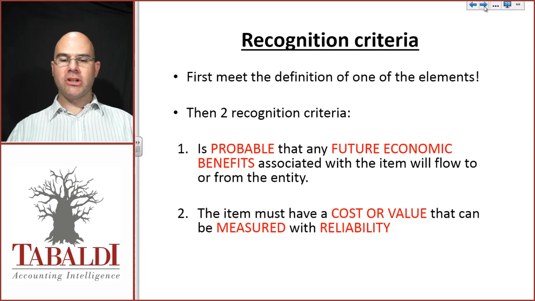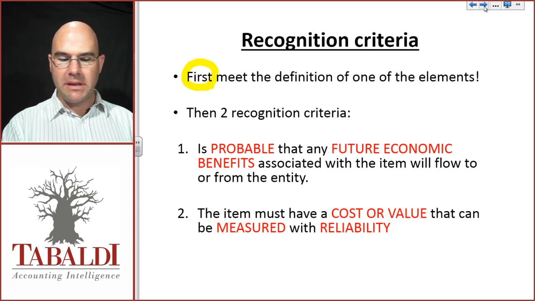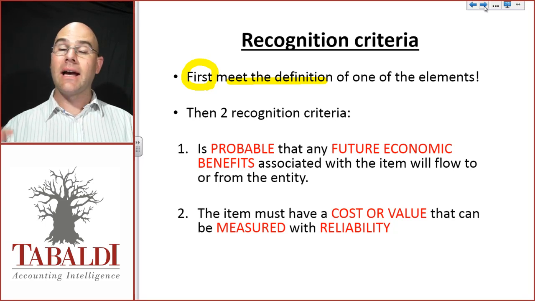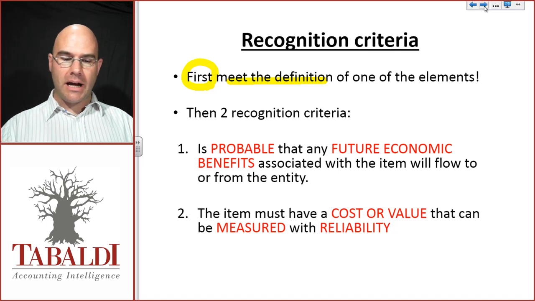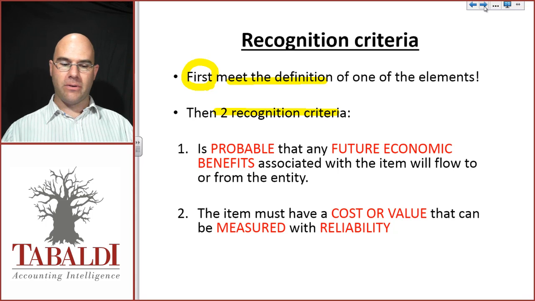Our recognition criteria: before we even consider recognition criteria, we must first have an item meet the definition of one of the elements. So it must either meet the definition of an asset, liability, equity, income, or expenses. Once we have the definition being complied with, then we look at two recognition criteria in terms of the framework.